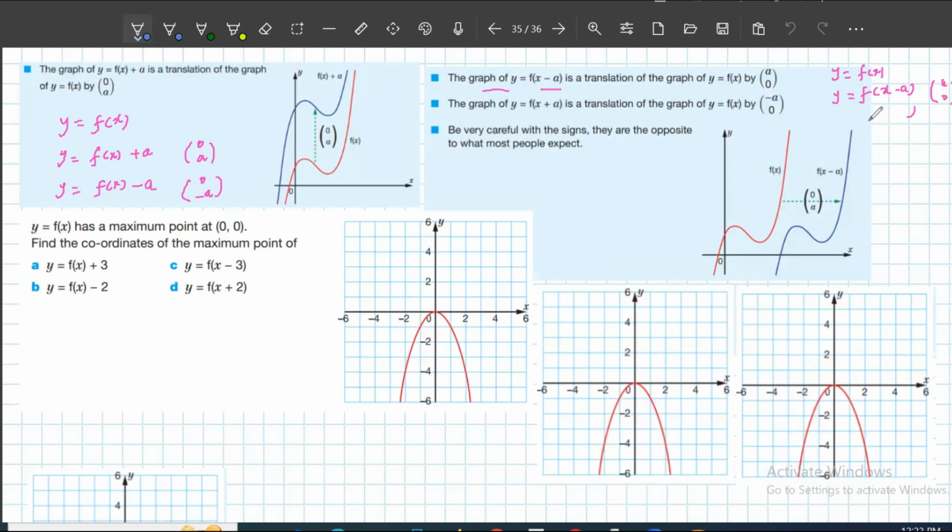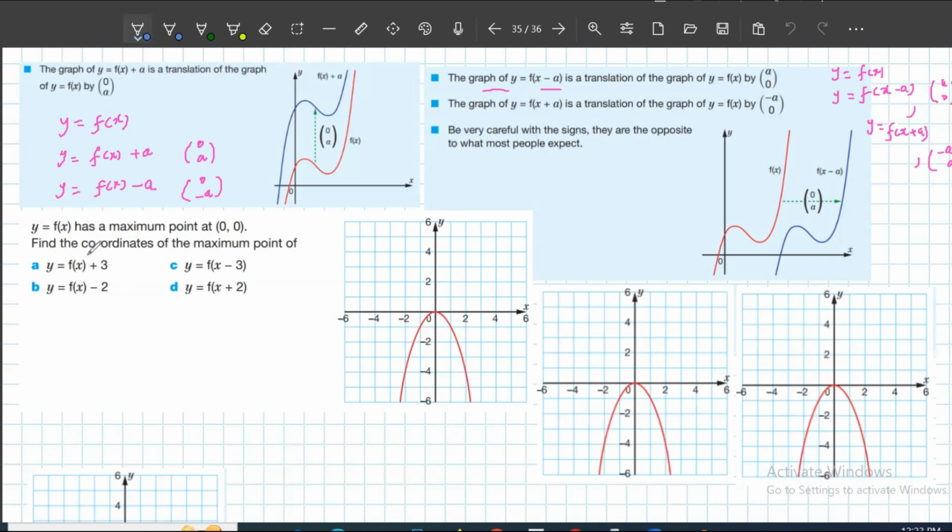If you have y is equal to f of x plus a, it is still a translation along the x-axis but opposite to the plus a, so your translation vector will be (minus a, 0). Sometimes we have a translation along x and y both, which we will discuss later on. First we will see how to utilize these translations in graphs.